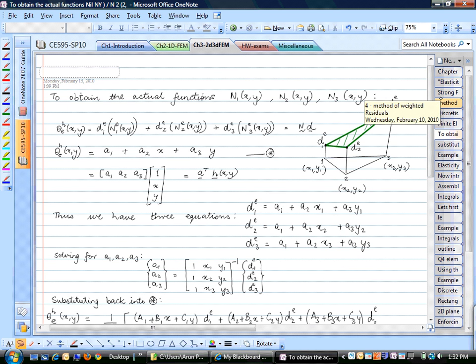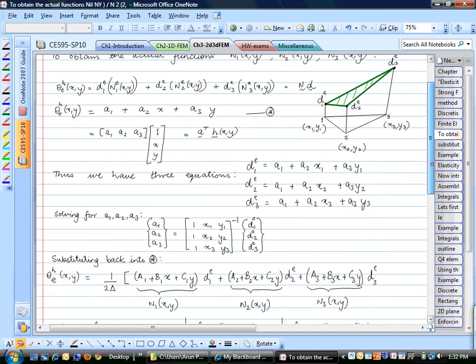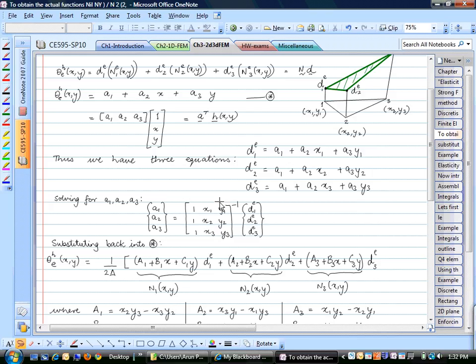For example, if you have the node numbers 1, 2, 3 in the counterclockwise direction, then the area that you compute using this formula, using this determinant, will come out to be positive. But if it is in the clockwise direction, then the area will come out to be negative. So that can affect not only the area but also some of these coefficients.